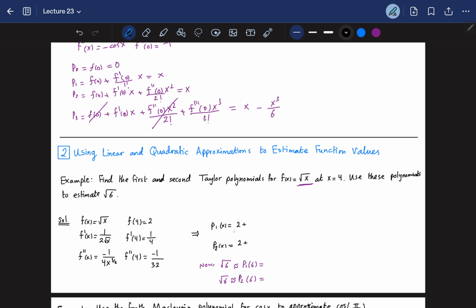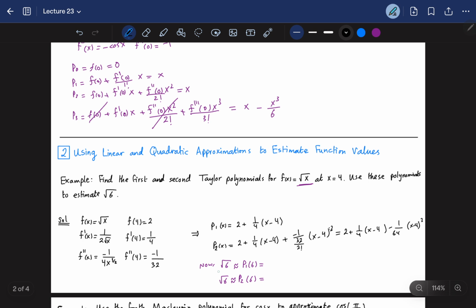We have f of 4, then the first derivative times (x minus 4) plus, oh, we're going to stop here since this is the first polynomial. Now for the second polynomial, we're going to have the same exact thing as the first polynomial, and then we're adding the second derivative divided by 2 factorial, times (x minus 4) squared. If you simplify, you should get this.